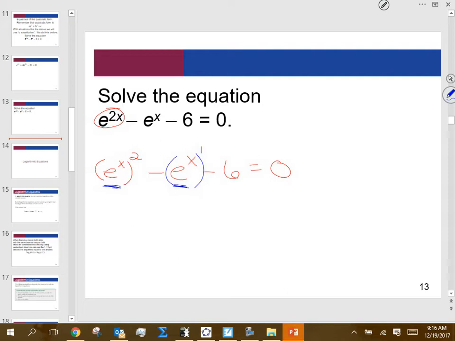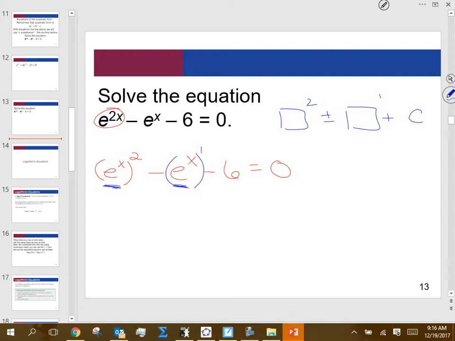Just like ax squared plus bx plus c equals 0, where a, b, and c are just constants and coefficients, but the x squared is some object x to the second power, and the x to the first is some object the same x, but now raised to the first power. Okay, so anything that is some object squared plus or minus some object to the first plus or minus some constant, that is quadratic in form, right? And that's what we've got. Just the objects are e to the x in this case.